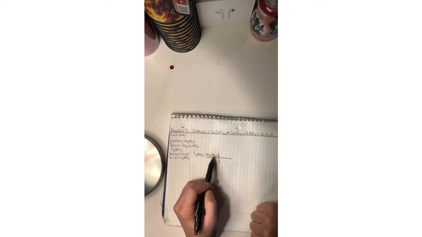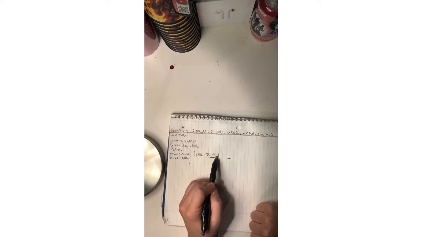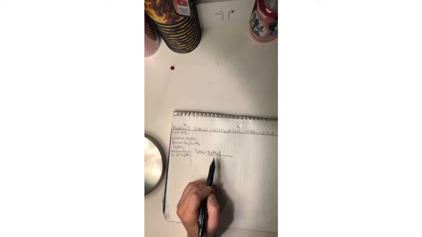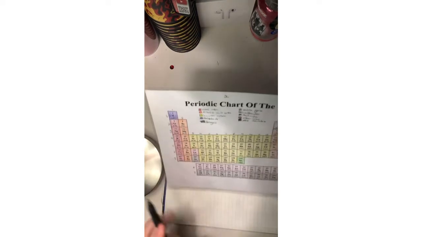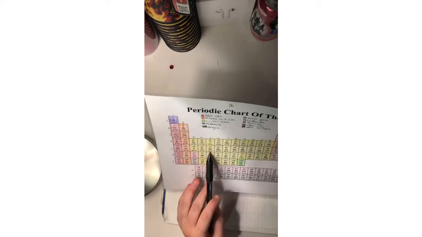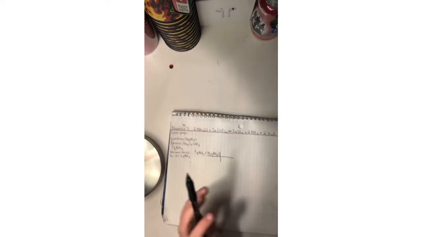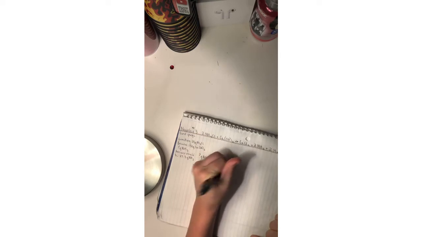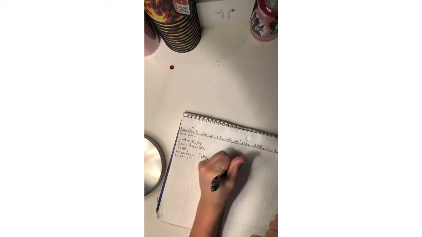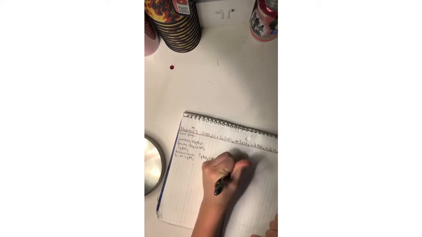So in order to cancel out grams here, we need to find how many grams are in NH4Cl. You can do that by using your periodic table and adding up the molar mass of each to equal the total molar mass. By that, you get 53 grams of NH4Cl.